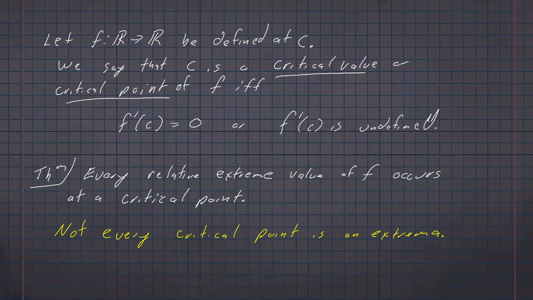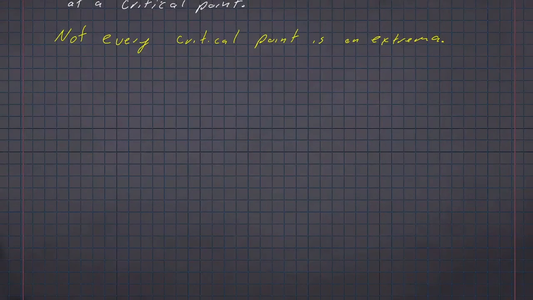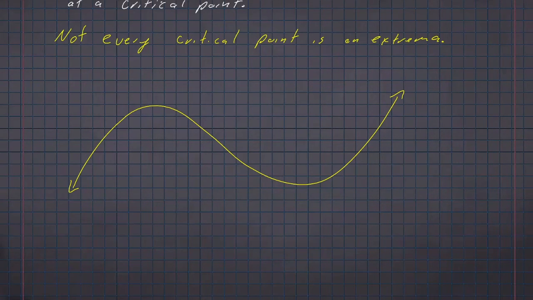I'm not going to prove this theorem, but I'm going to give you a little bit of evidence to think about why this theorem works. If I draw another arbitrary curve, this one will be a little bit simpler than the one we had before. Something that looks kind of like that. What I want you to notice about this curve is that it definitely has what we would call a relative maximum, and it definitely has what we would call a relative minimum.